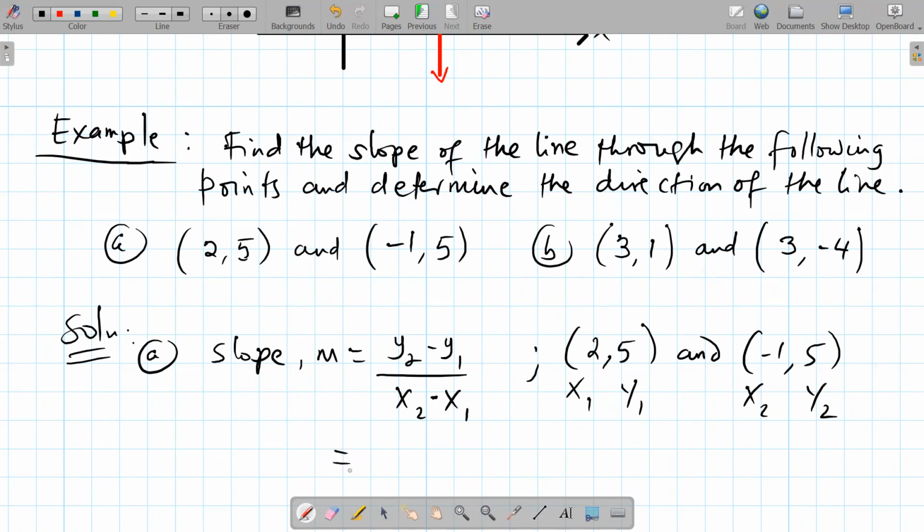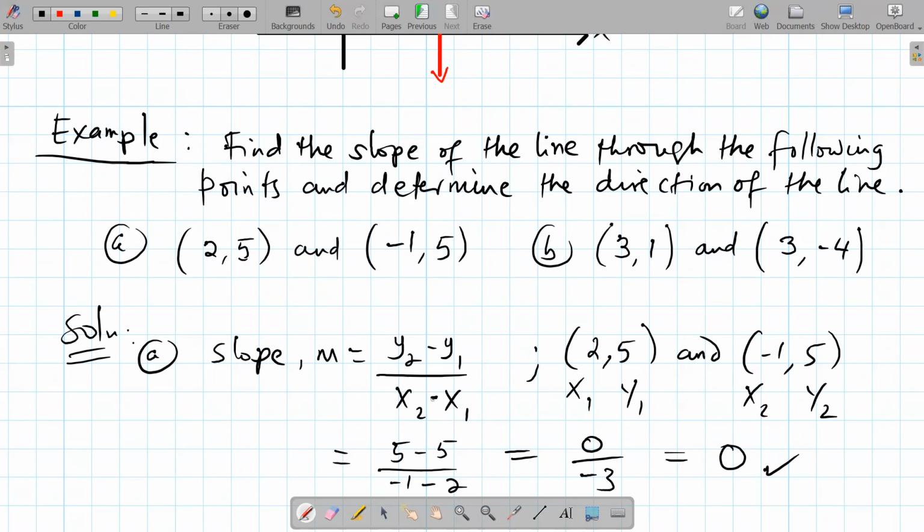And if I plug these in, I get y2 is 5 minus y1 is 5, divided by x2 is -1 minus x1 is 2. So this is just going to give me 0 over -3, and 0 over any number is 0. So the slope is going to be 0.